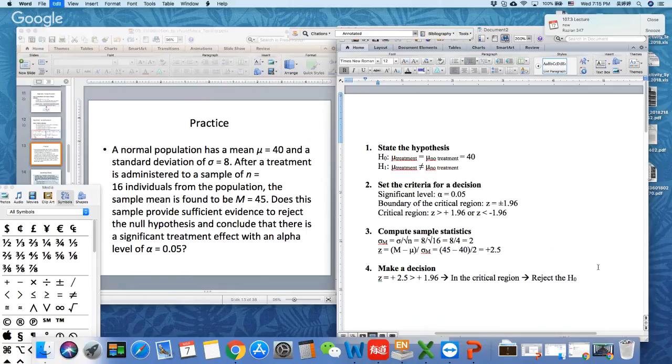Therefore, the answer will be: we do have sufficient evidence to reject the null hypothesis and conclude that there is a significant treatment effect.